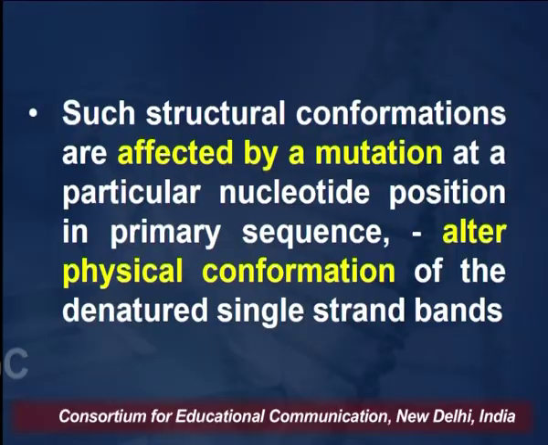Such structural conformations are affected by a mutation at a particular nucleotide position in a primary sequence, after physical conformation of the denatured single strand bands. So, as I said, these structural conformations will be affected by a mutation.